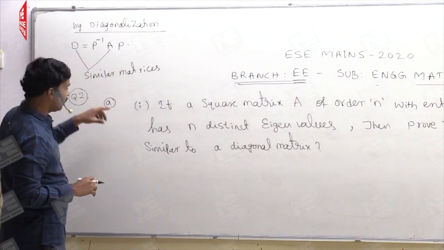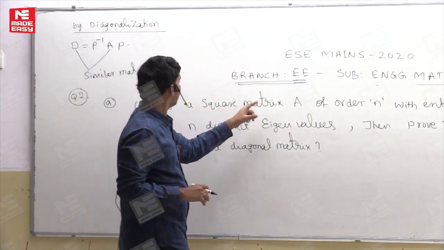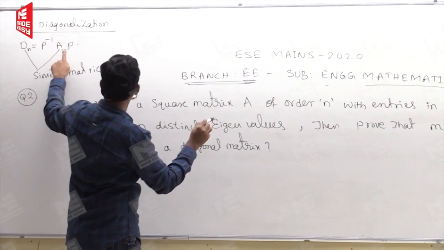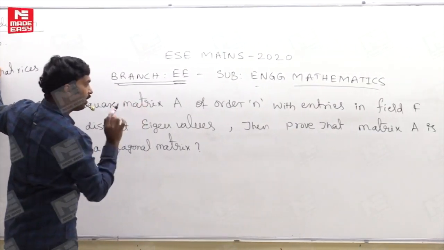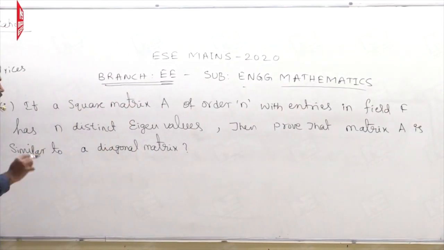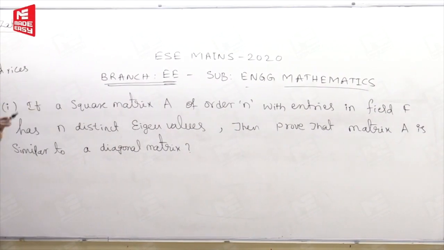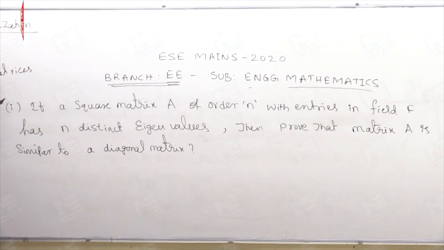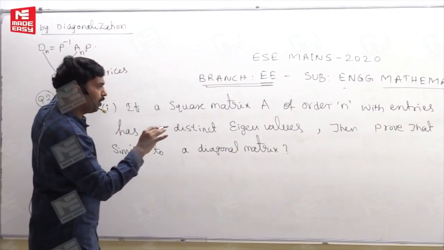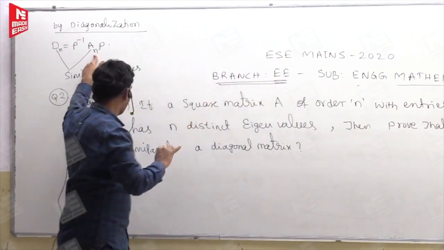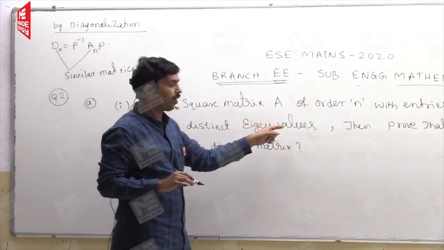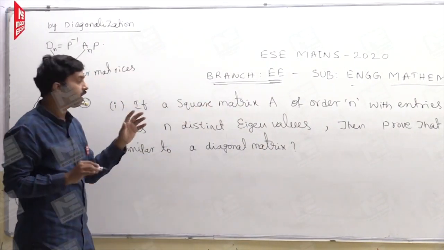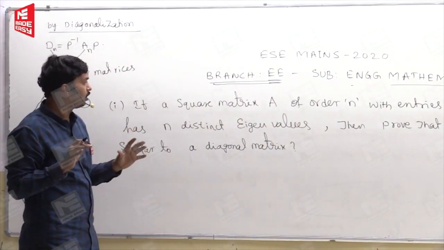Now, what is it asking? As a square matrix A, if this matrix A is of order n, that is a square matrix A n by n, with entries in the field F, that means the elements can be real numbers or complex numbers. So what he said here, with entries in the field F, has n distinct eigenvalues. That means this square matrix has n distinct eigenvalues.